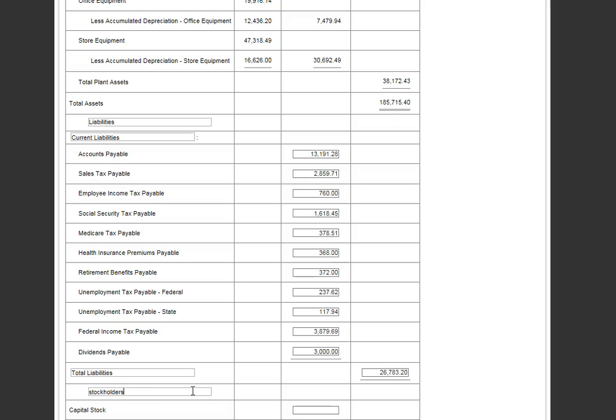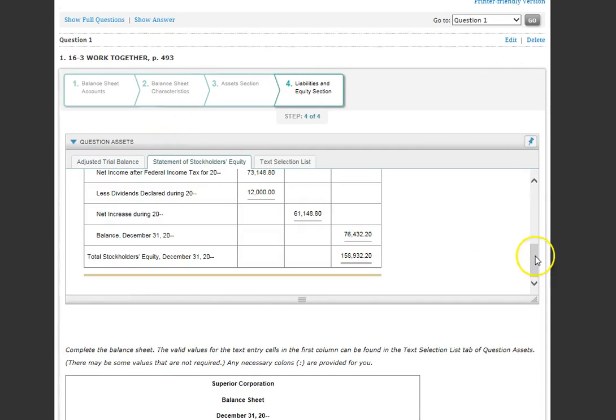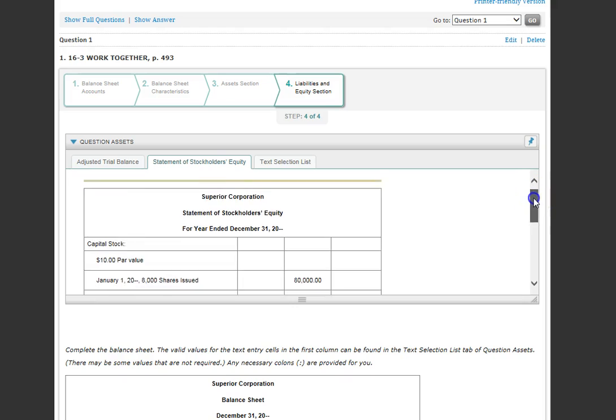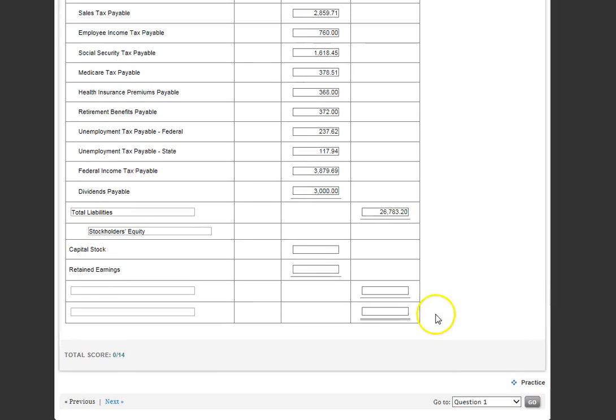Next section, stockholders' equity. All right, let's go up here. We need that other sheet. Okay, our capital stock, 82,500. Remember preparing that the other day.